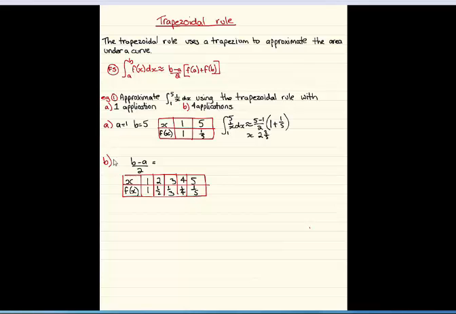Yeah, so it's always going to be 1 over 2. Okay, so when we're approximating the integral from 1 to 5 of 1 over x dx using 4 applications, what we're doing is we're saying, well, we start at 1 and we go to 2, and then we go from 2 to 3, etc.